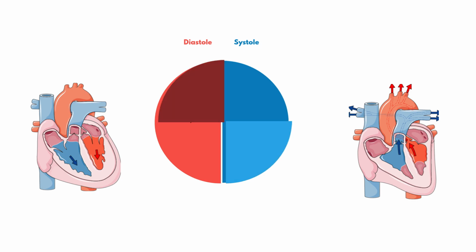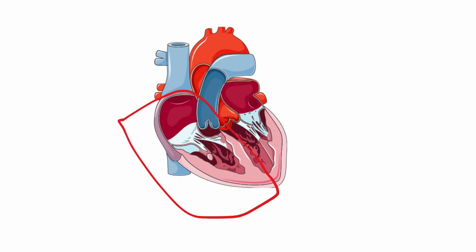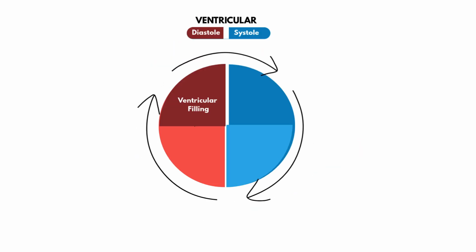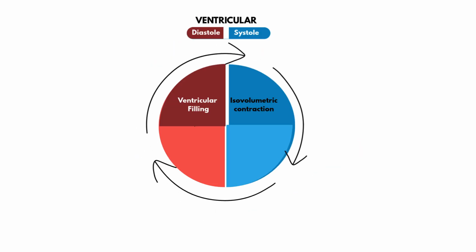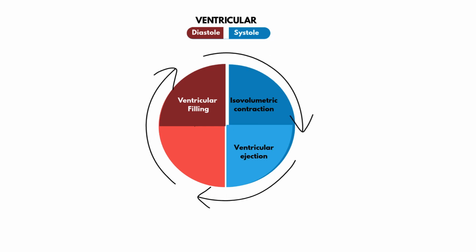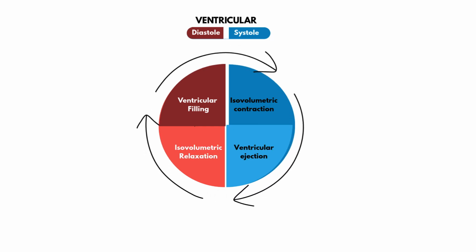Whatever happens on the right side of the heart, the same events occur on the left side as well. These events are ventricular filling, isovolumetric contraction, ventricular ejection, and isovolumetric relaxation.